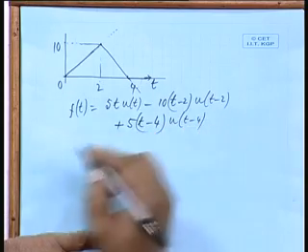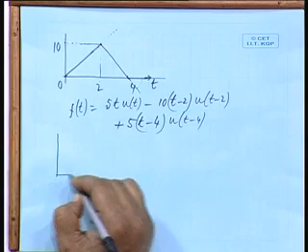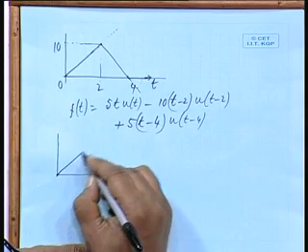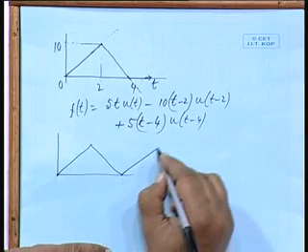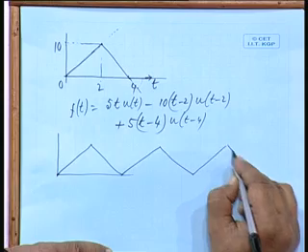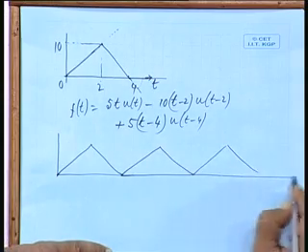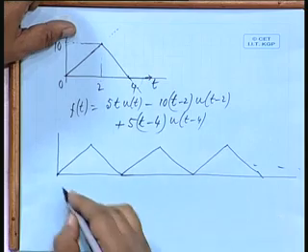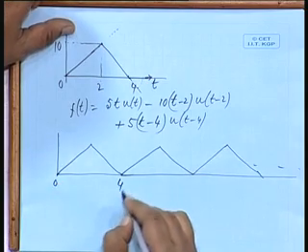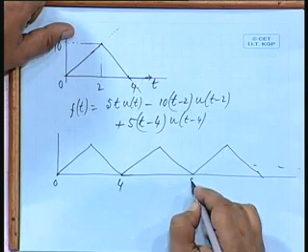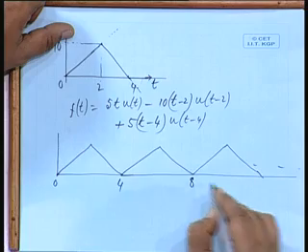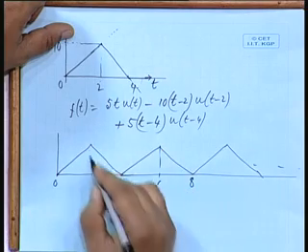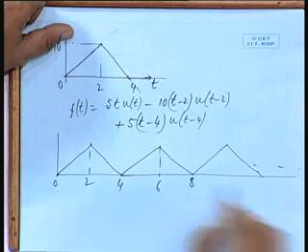Okay. Now, the next question is, suppose I have a triangular function which is repeating and so on. So, what will be the expression for 0, 4, 8 and so on? This is 6, this is 2 and so on.